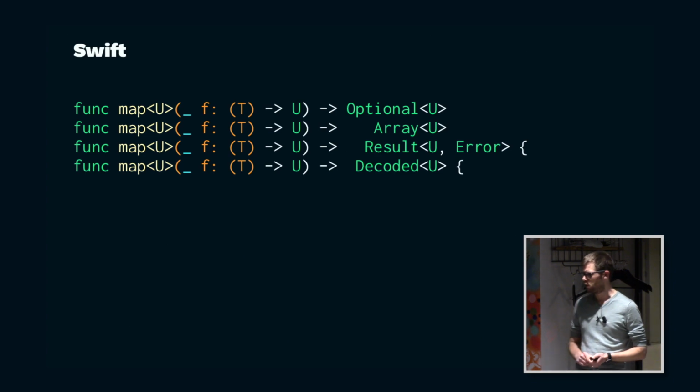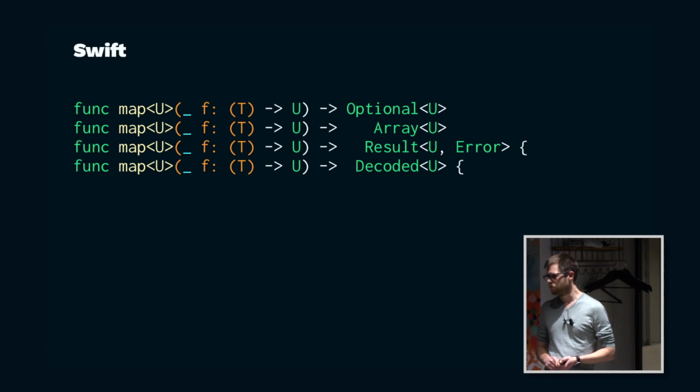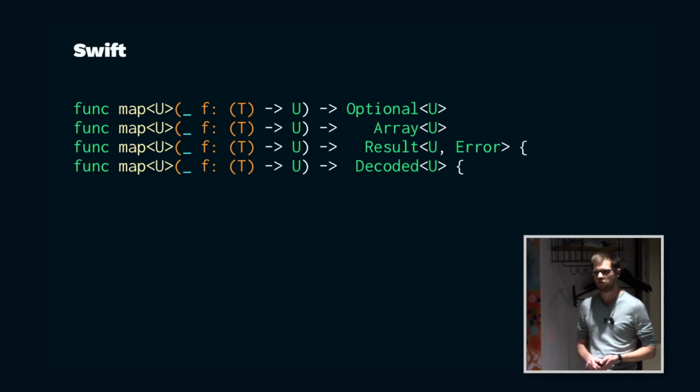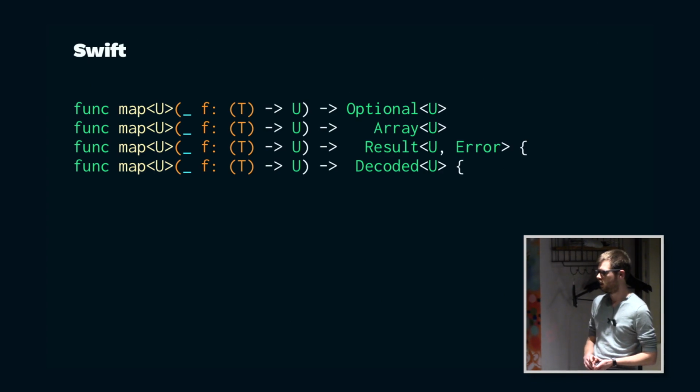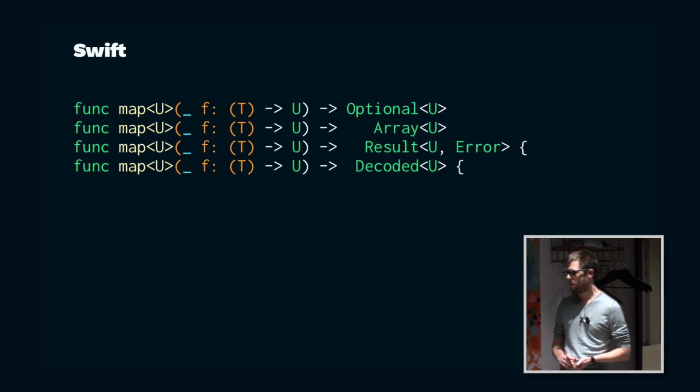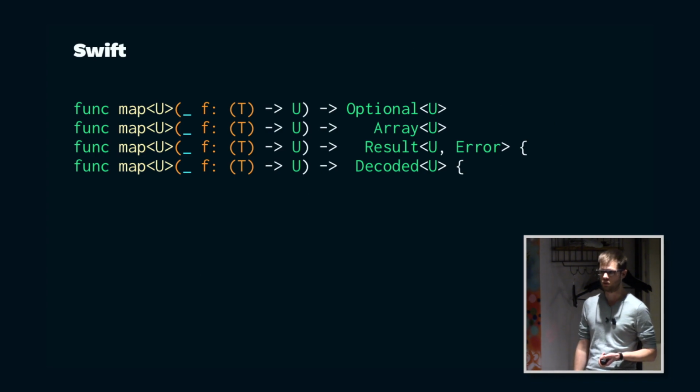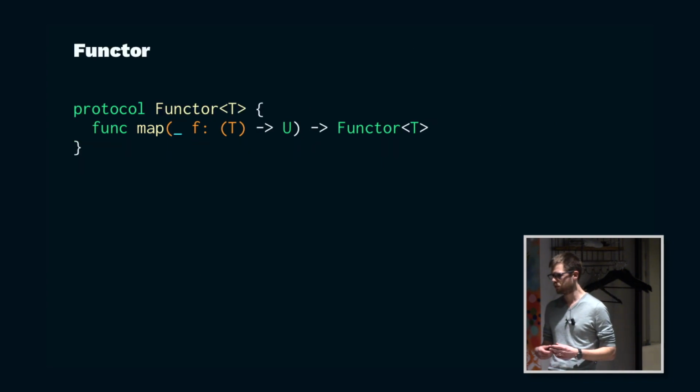The thing to remember about that one is that map transforms the leftmost generic type. So in the case of result, it transforms the T, and it leaves the error alone. Whatever error is in there is going to stay the same. For all the other ones, it's just going to change the T into a U, which could be the same type, could be a completely different type.